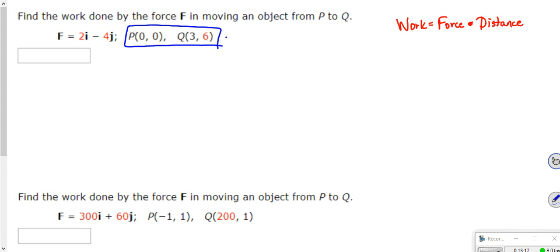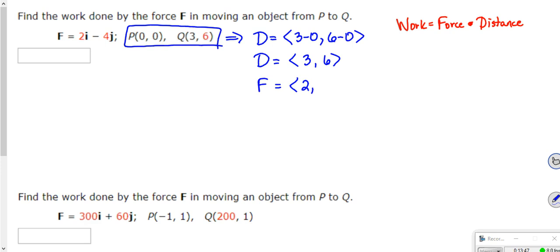That's going to give us the distance vector. So my distance is going to equal, I'm going to do them in those brackets instead of i's and j's. It's going to be 3 minus 0, that's the change in my horizontal position, comma, 6 minus 0 is the change in my vertical position. So my d vector is 3 comma 6. My f vector, I'm just going to rewrite as 2 comma negative 4.